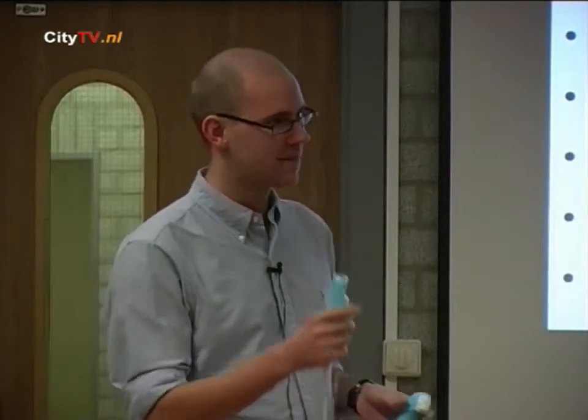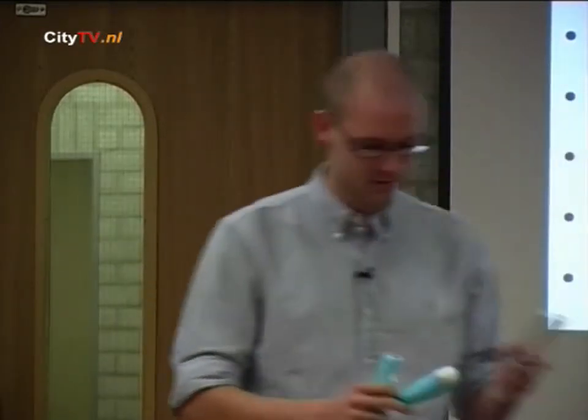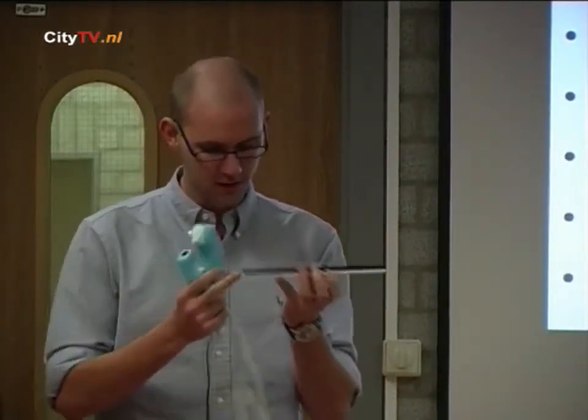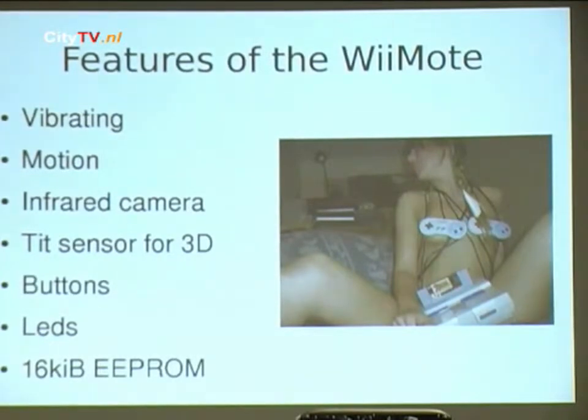And at the first stage of using this as a presentation tool, we wanted to have the mouse pointer work with the infrared bar. So basically, how the Wii does it, you have this infrared bar, and it's got infrared LEDs here and here. The infrared camera sees the LEDs, and because it knows the spacing of the LEDs is fixed, it knows how far away the thing is.